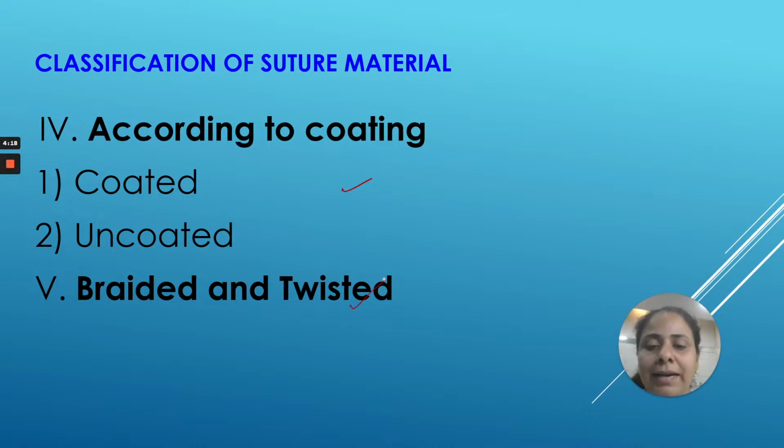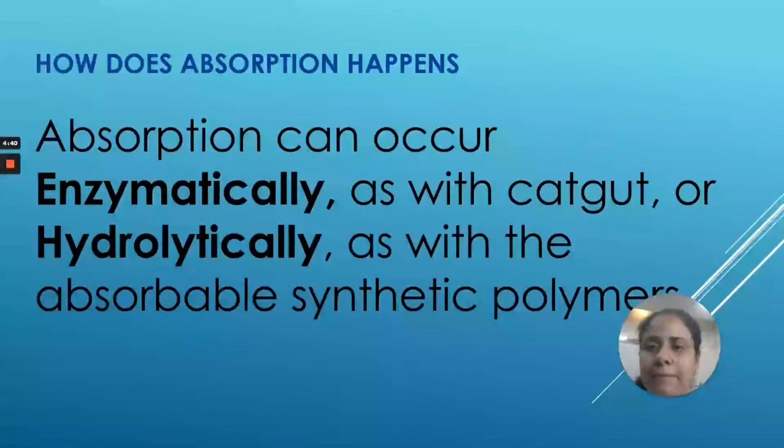And then braided and twisted: either they are twisted like a rope or they are braided. So you just remember it. Mostly we use synthetic sutures, mono or multifilament, and resorbable or unresorbable, that is your choice.